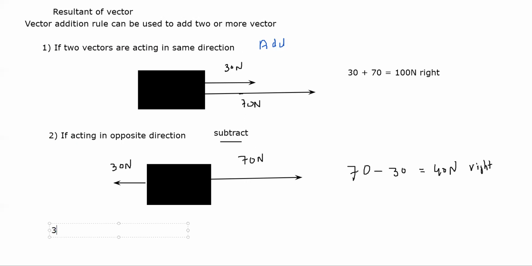But if two vectors are making a certain angle with each other and we want to find the resultant, then we have options.